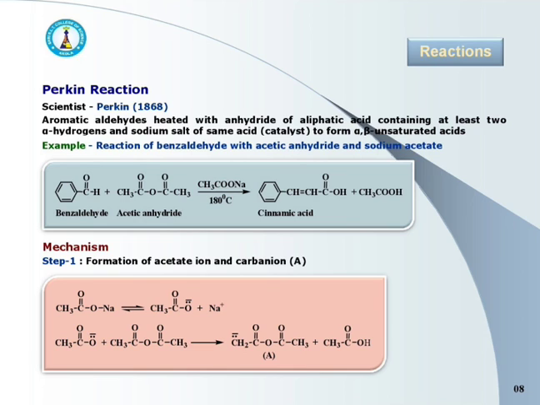Here during the reaction there is a loss of a simple molecule of acetic acid. Benzaldehyde and acetic anhydride react with each other in presence of a strong base, sodium acetate, and alpha beta unsaturated acid, that is cinnamic acid, is obtained.